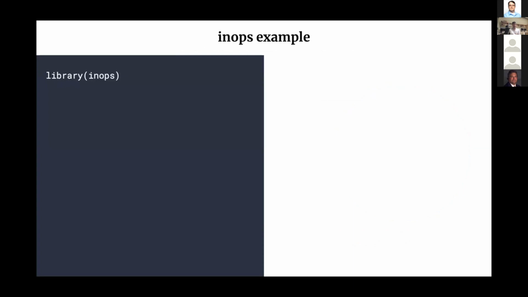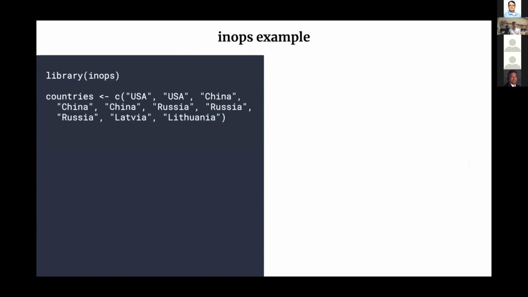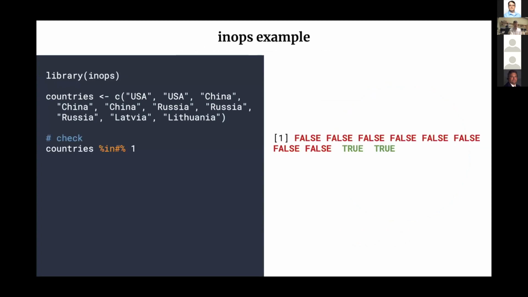In this package, we created basically a big list of various infix assignment operators. So for this example, here we have this vector of countries like USA, China, Russia, Latvia, and Lithuania. Now, we provide various operators, and one that I particularly like is this one which checks for elements that occur a specified number of times in the vector.